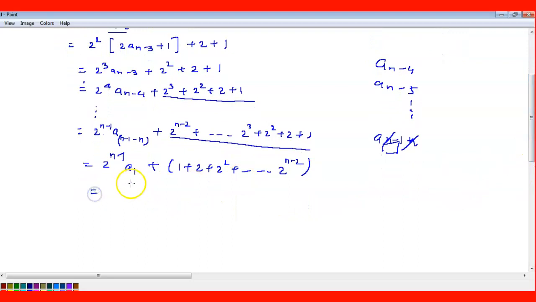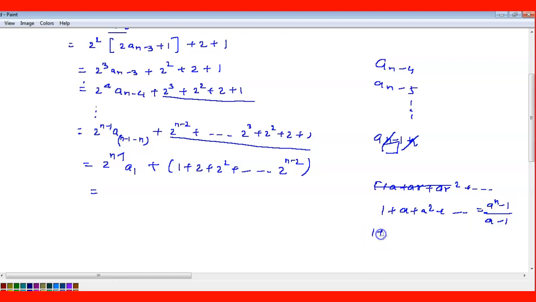So we can write this as the GP summation: 1 plus a plus a square and so on, the formula is a power n minus 1 by a minus 1.